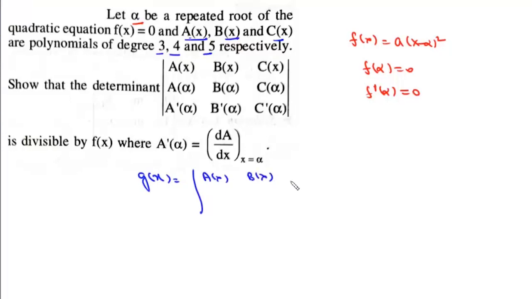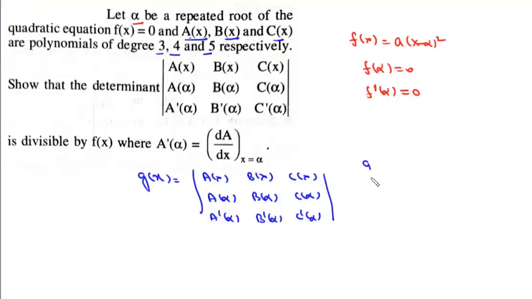a(x), b(x), c(x), a(alpha), b(alpha), c(alpha), and this is a dash alpha, b dash alpha and c dash alpha.